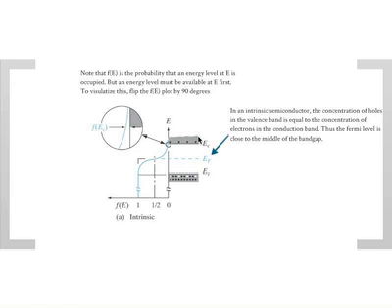Because, from a very simplistic perspective, the Fermi-Dirac distribution has to be symmetric about the Fermi level. If at this energy level there are the same number of holes as at this energy level, that means the Fermi level has to be halfway in between, because otherwise it will not be symmetric. Do you see that? Just qualitatively.